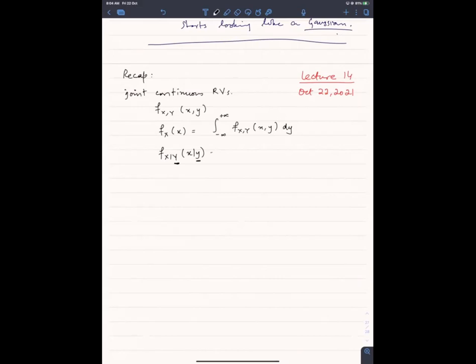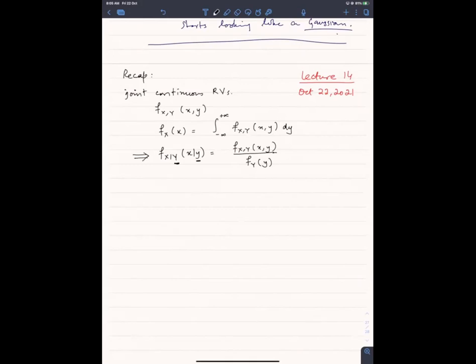And this conditional PDF is given by the joint PDF divided by the marginal PDF of y. This is very similar to the conditional PMF expression that we saw. It is almost exactly the same kind of thing. Don't forget that this is the conditional PDF of x. So it is a PDF of x, but is conditioned on y.